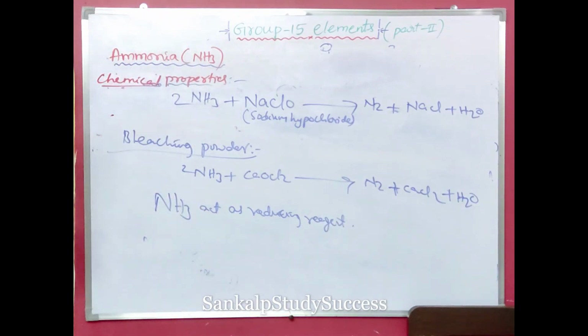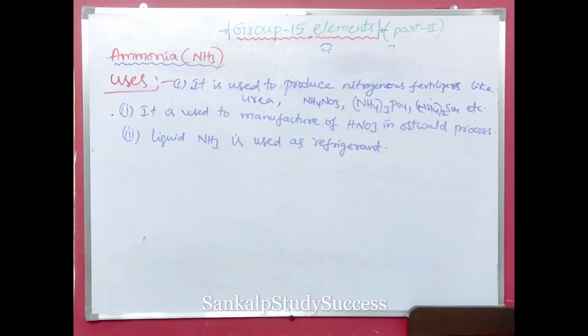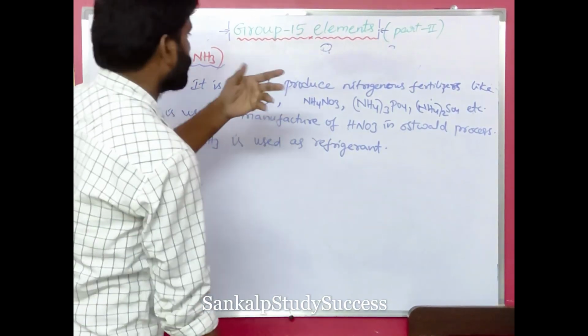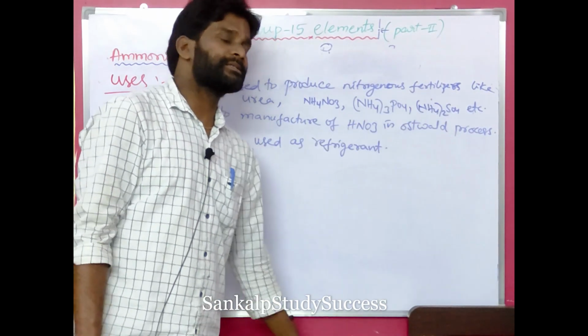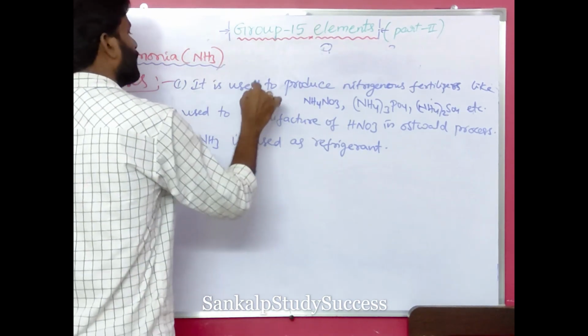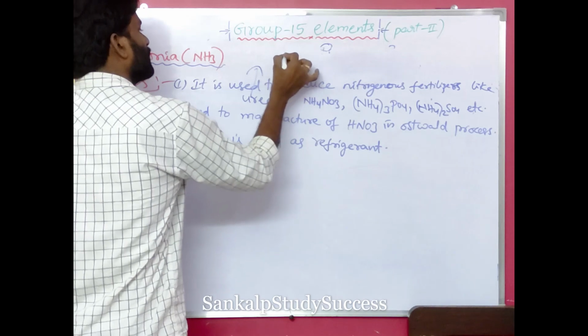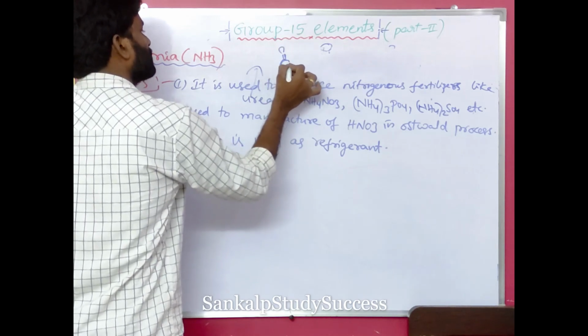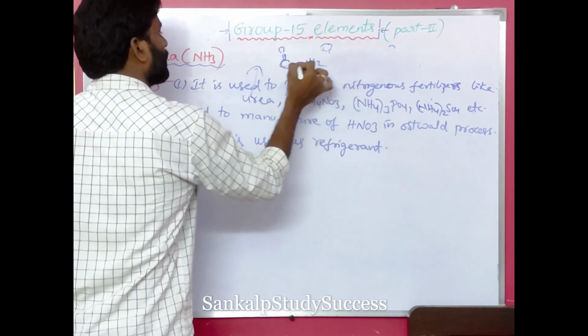Now I am going to explain the uses of ammonia. It is used to produce nitrogenous fertilizers like urea. What is the formula of urea? C double bonded to O, attached with two NH2 groups, that is said to be urea.